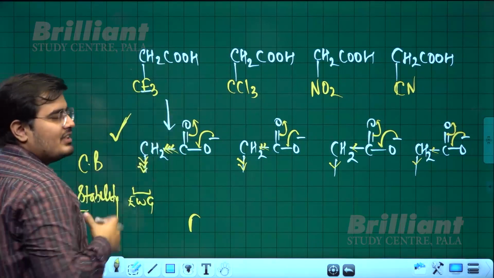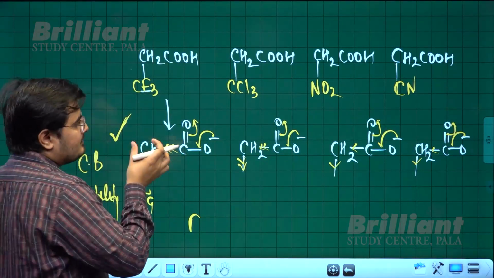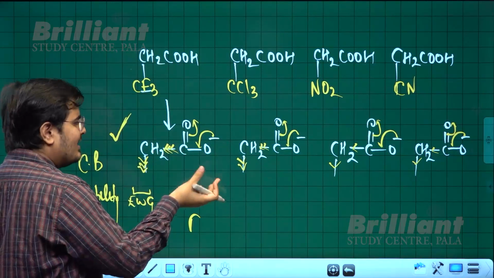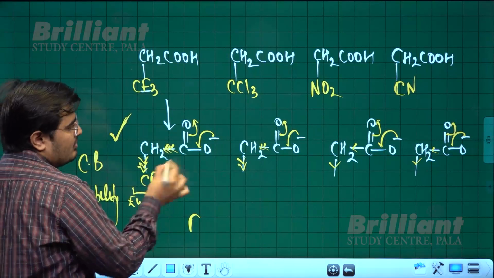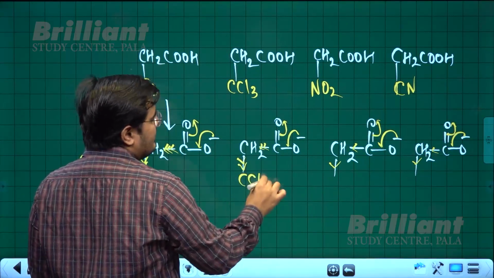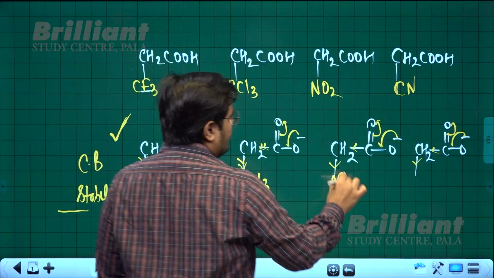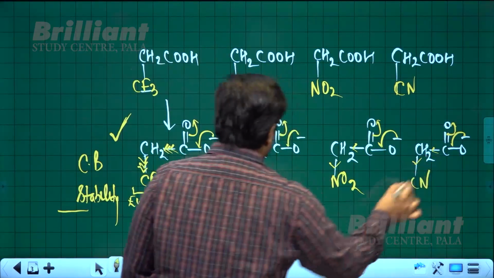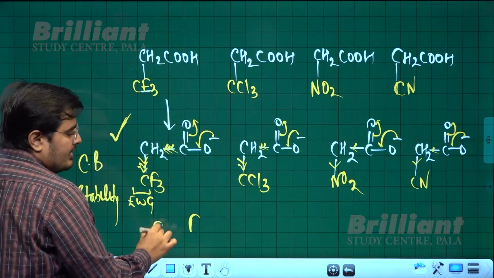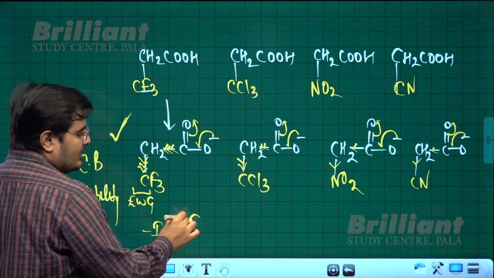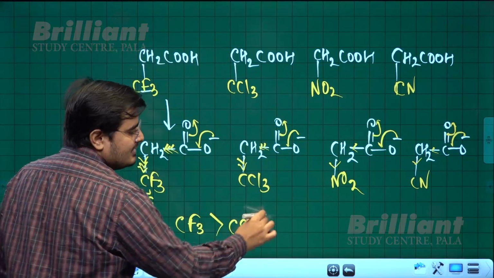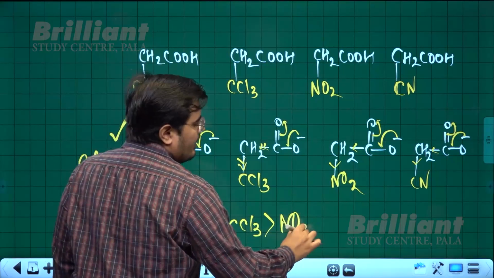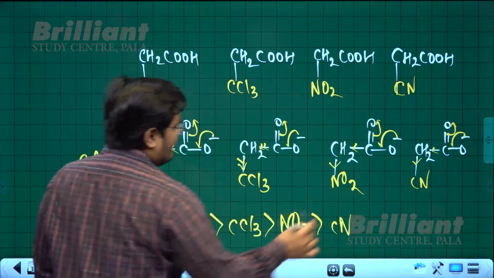Again, if I have to decide the order of their acidity, then I have to compare the stability of their conjugate base. So we'll have CF3 here, CCl3 here, NO2 here, and CN here. Again, if I compare their minus I order, we know that CF3 will be the most electron withdrawing, followed by CCl3, which will be more than NO2, which will be more than CN.